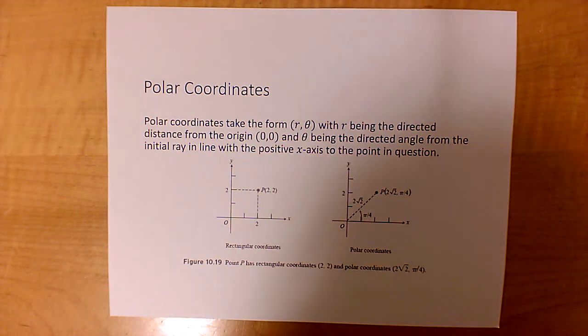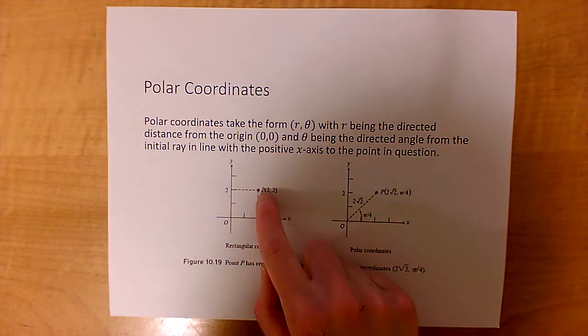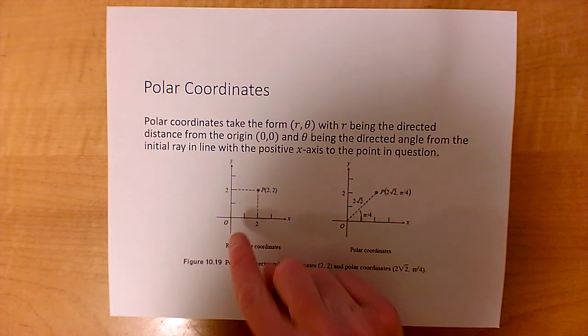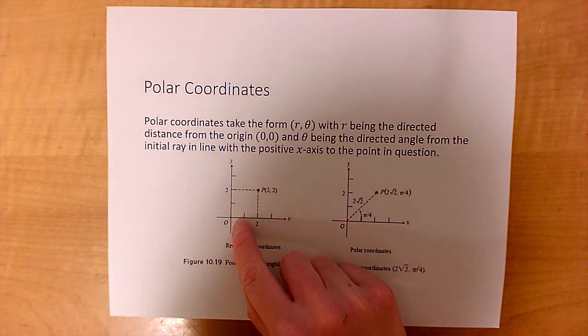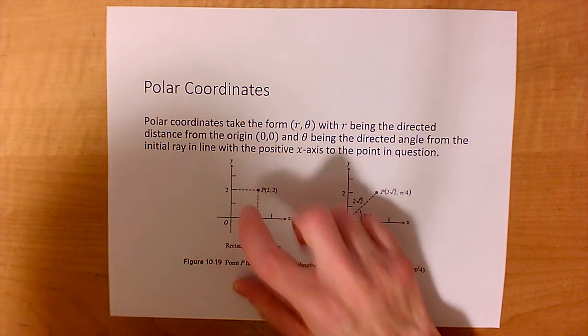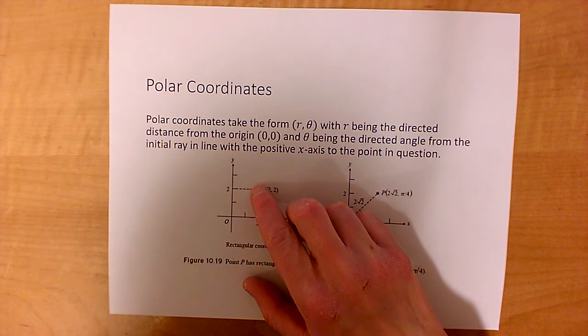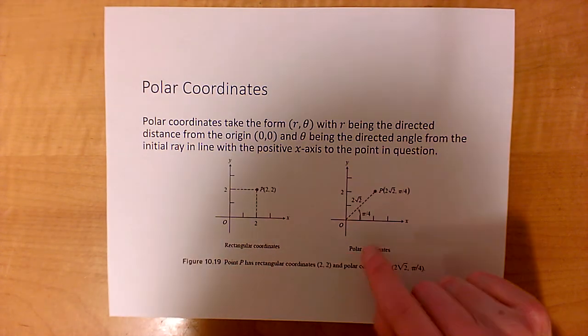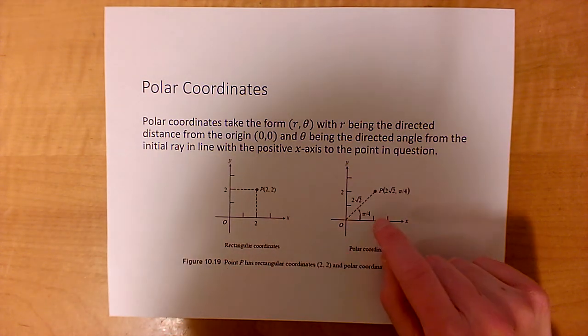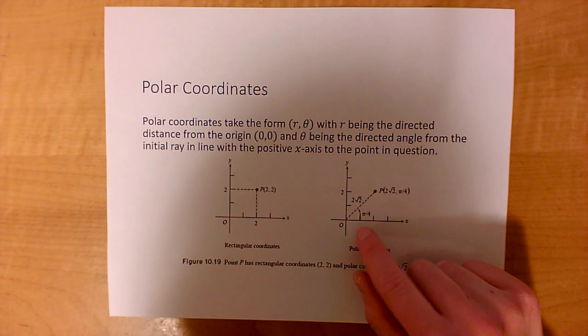Okay, so the example that we have right here is the point 2, 2, right? And so if you plot this on a graph, you know that we make a perfect square, and then you could take the square and divide it in half, and then you have two right isosceles triangles. So then you're pretty familiar with this point and the features all around it.